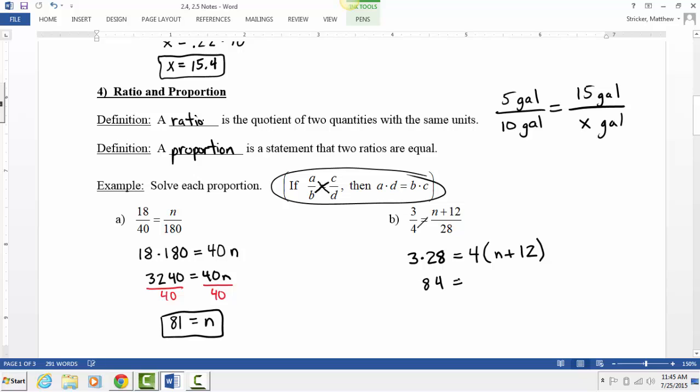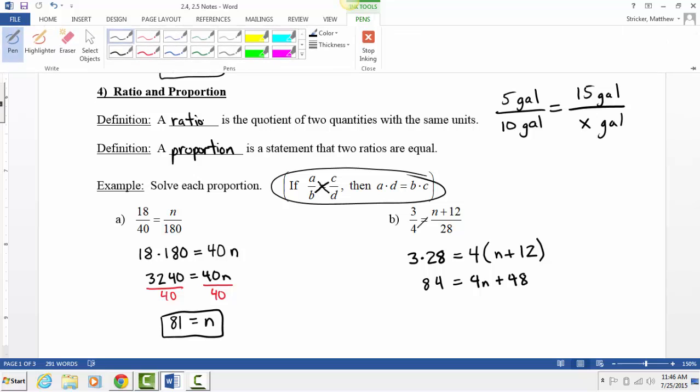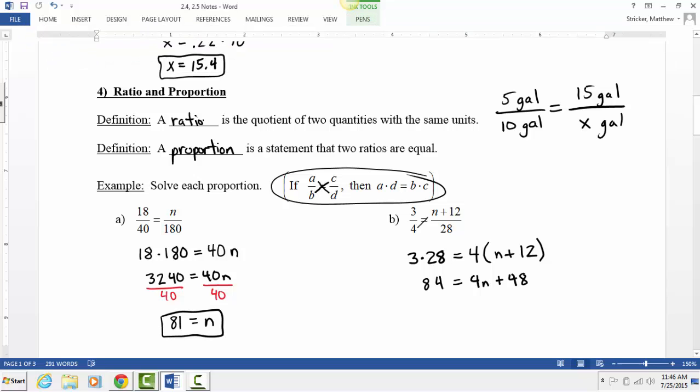And then if we distribute, we get 4n plus 48. Now this is a two-step equation. I have the n's already on the right-hand side, which means the 48 needs to go to the other side. This is a positive 48, so if I move it over here, it becomes a negative 48.